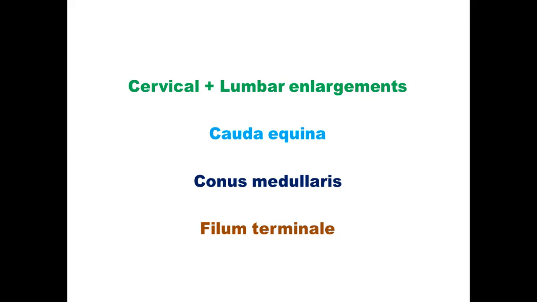And conus medullaris is the lower tapering end of the spinal cord, and you know that the spinal cord in adults ends at the level of lower border of first lumbar vertebra. And cauda equina are the spinal nerves.